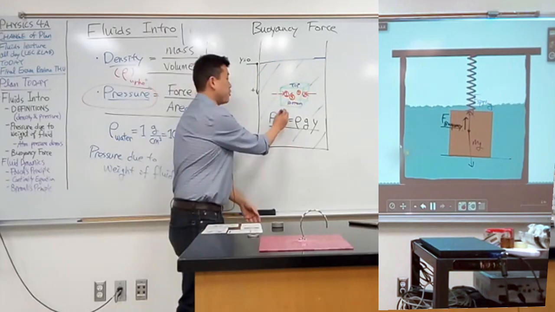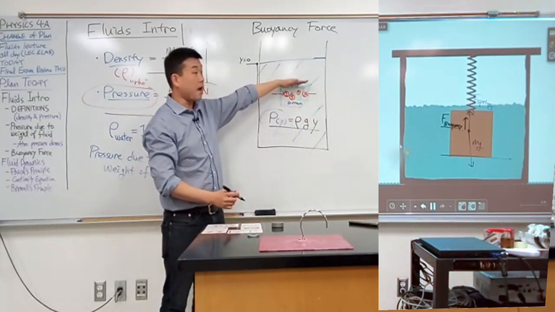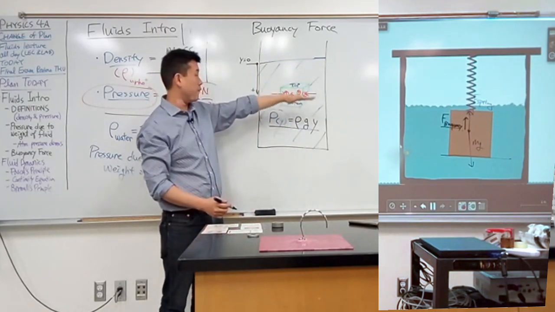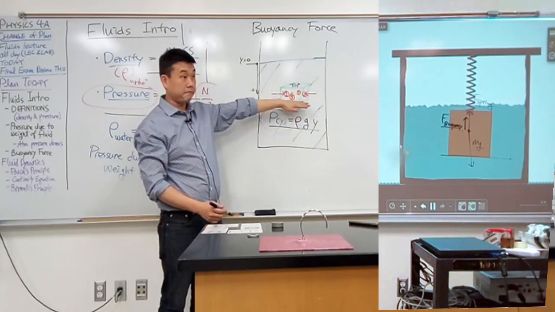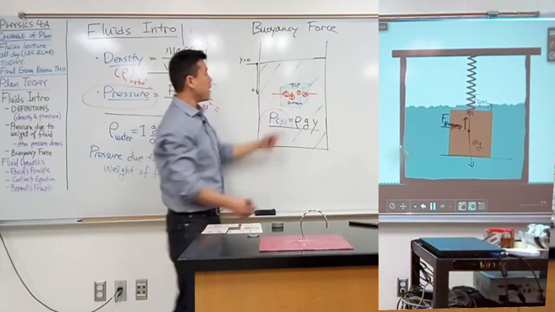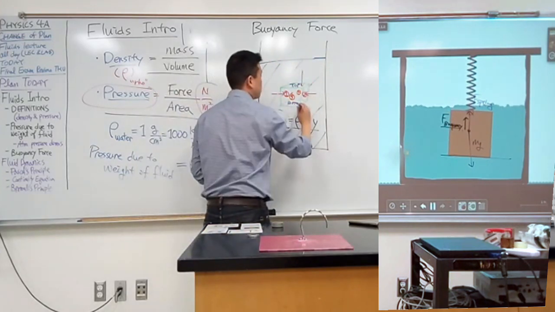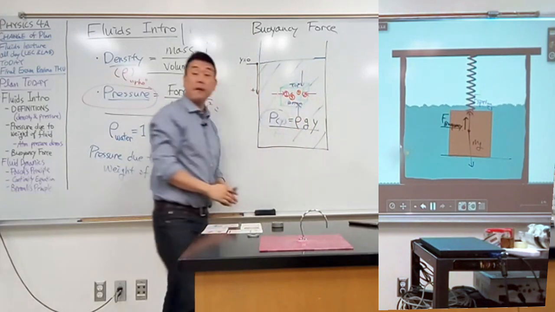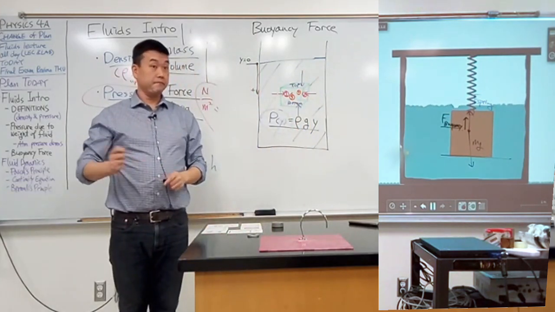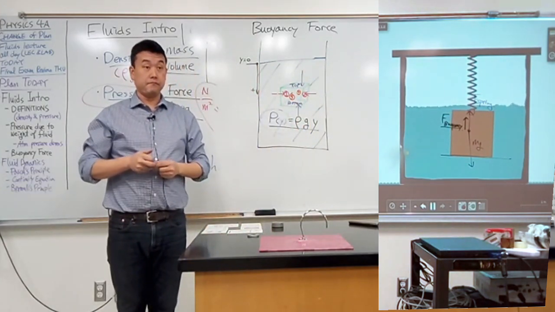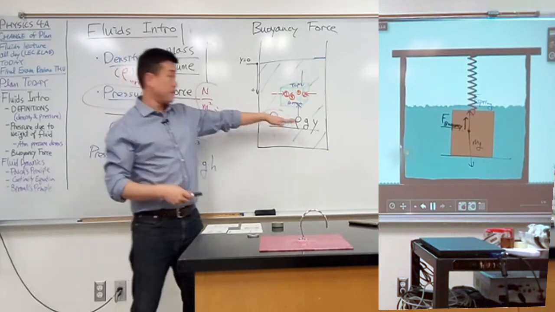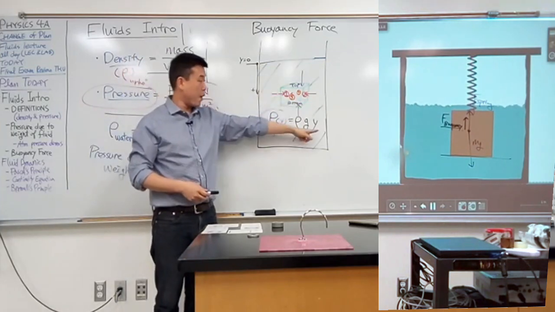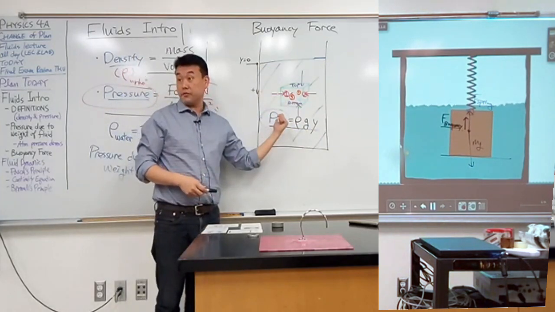So when you look at the pressure at the top, it is going to be different from the pressure at the bottom. Right? At which location do you think you will get greater pressure? Top or bottom? Bottom, right? Because it's at a deeper depth, y is bigger, so pressure is greater.